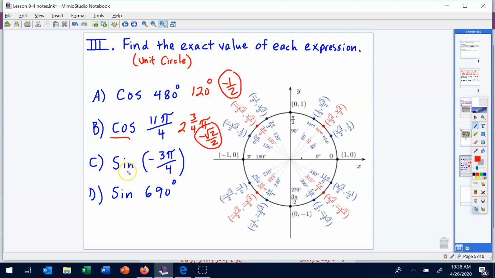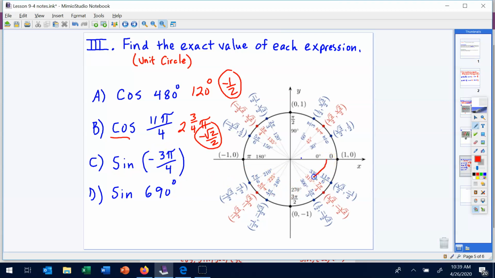Well, let's take a look at sine of negative 3/4 pi. All right, so here's the thing about the unit circle. When we construct it, we always construct it going in a positive direction. But sometimes in cases like this, we have to start here and go in a negative direction. So I'm going to go 3/4 pi, but in a negative direction.